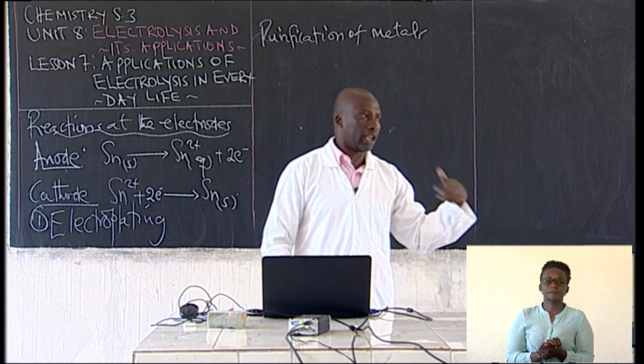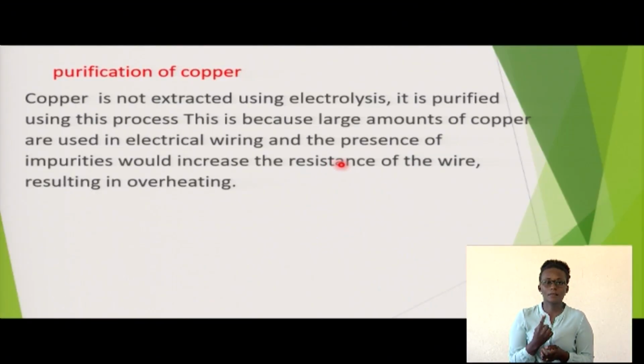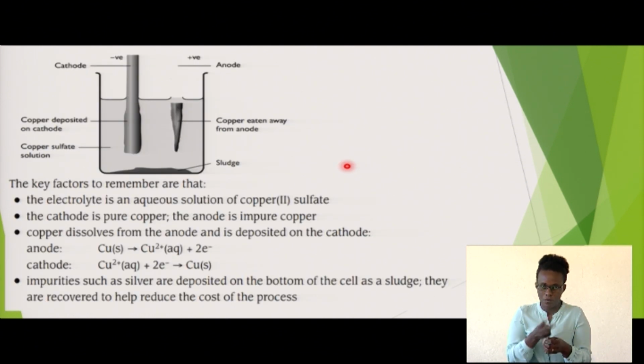In very many electrical appliances, copper is used. We have even seen that copper is used in covering the coin, so it is very important. So it has to be in its purest form. How does purification of copper take place?